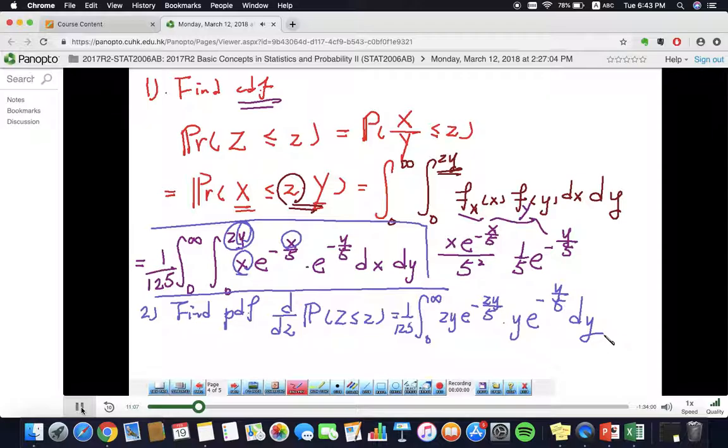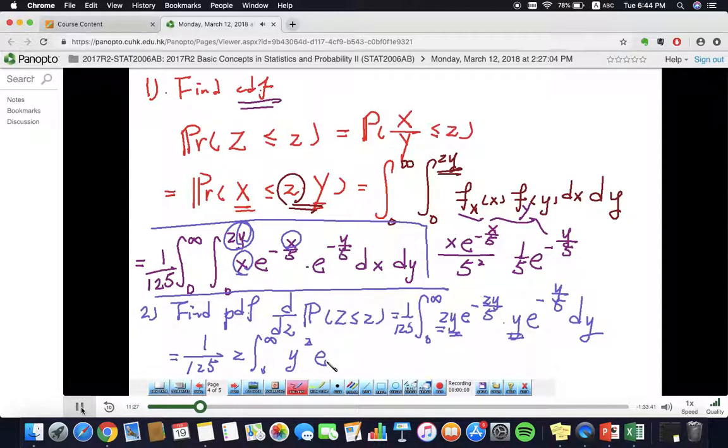All right, so we take out the z. z is totally independent of the integrator. So here we got 1 over 25, z integrating from 0 up to infinity, and then we have y squared. We got 2y here, and combining the z as well.